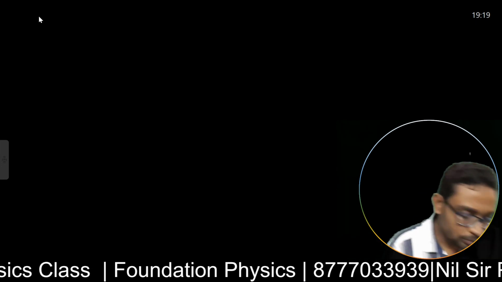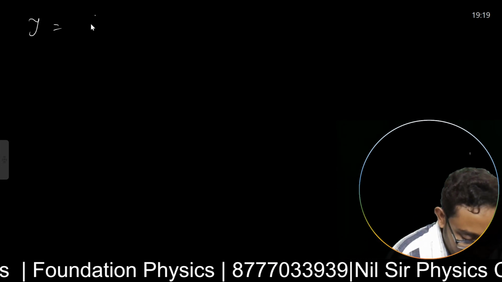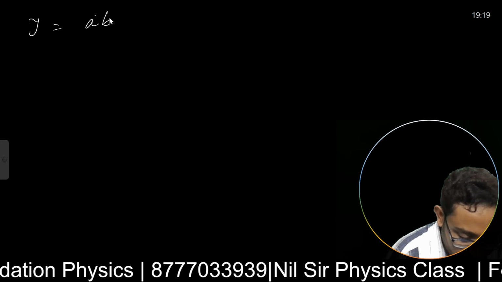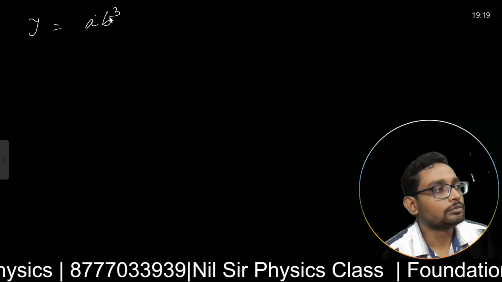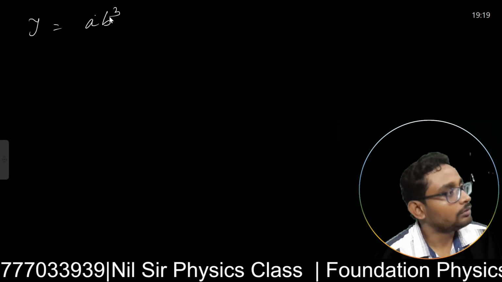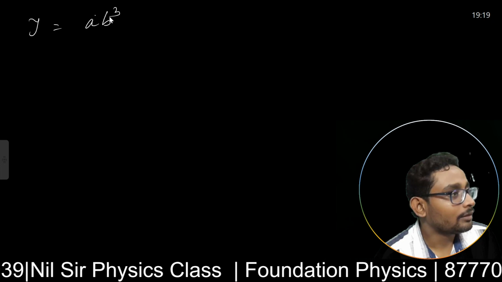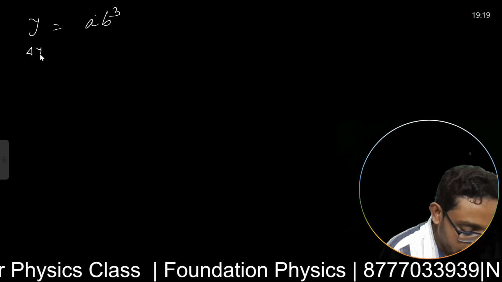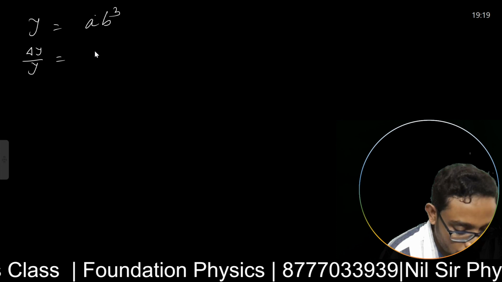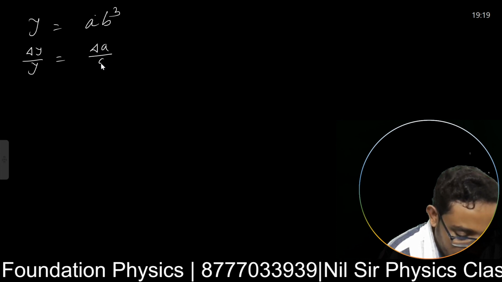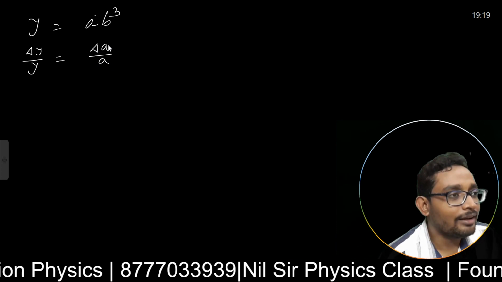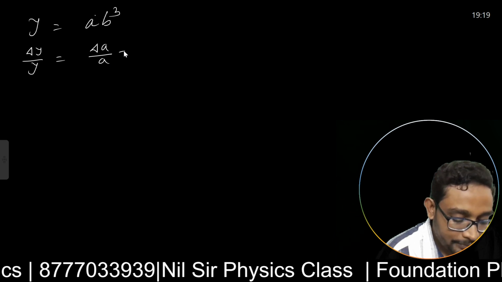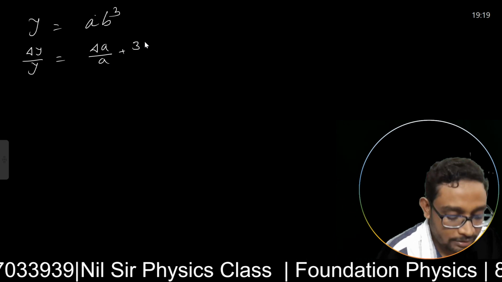If it were like this, y equals a b cube, then in this case we will take delta y by y equals delta a by a, but what about b? We will take the power of b in front, delta b.